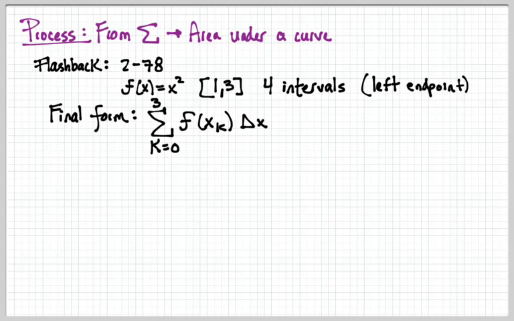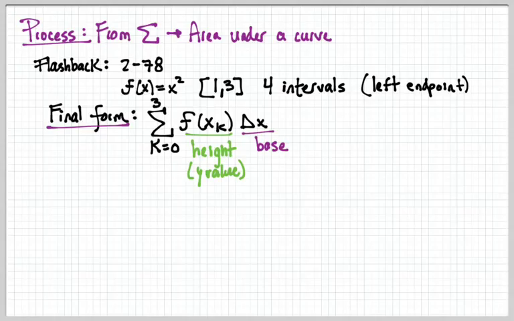Again, the two things we need are our height, which is my y value, and we need our base, which is my change in x. So this is kind of our goal here. This is where we want to end up, but I want to talk about how we get there. So the basic process looks like this.